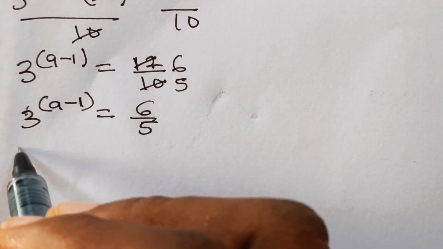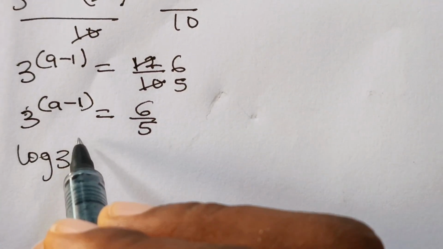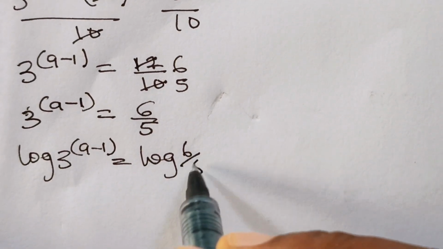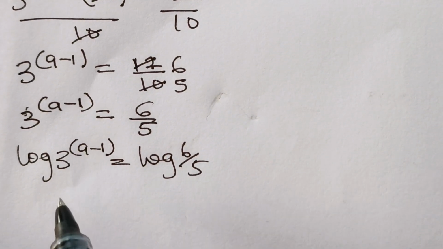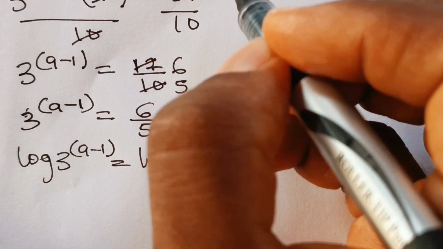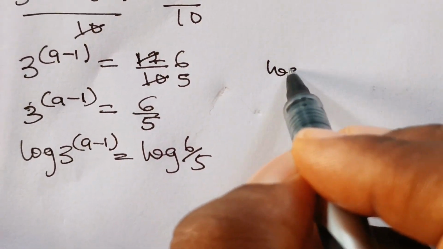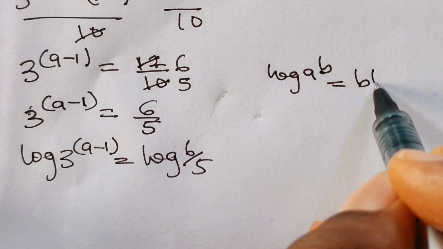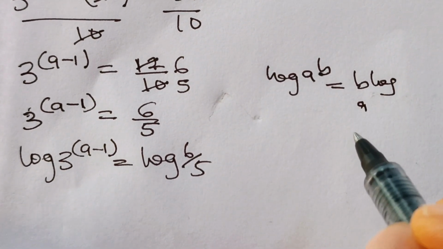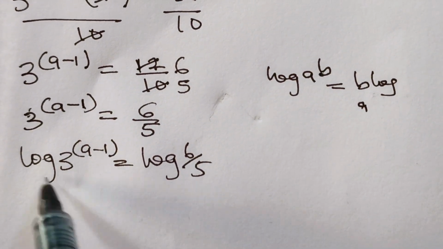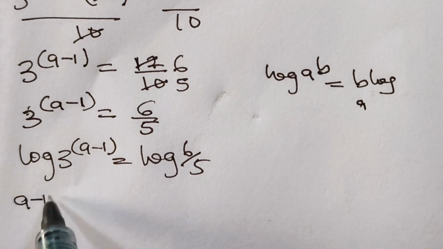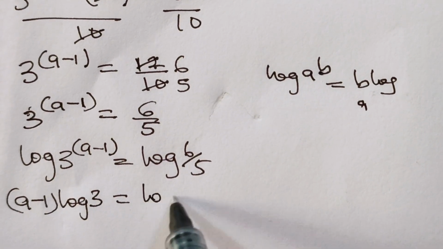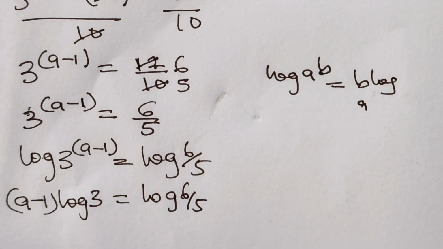So we introduce log: log of 3 to the power of a minus 1 is equal to log of 6 divided by 5. Now when you have log a to the power of b, this is equal to b multiplied by log a. That means we can write this as a minus 1 multiplied by log 3 is equal to log 6 divided by 5.